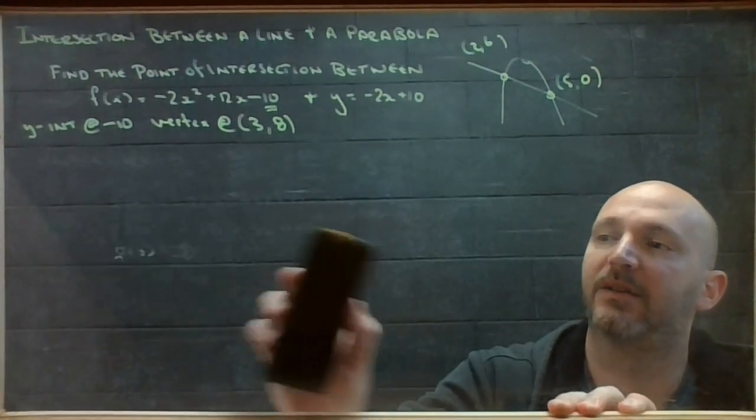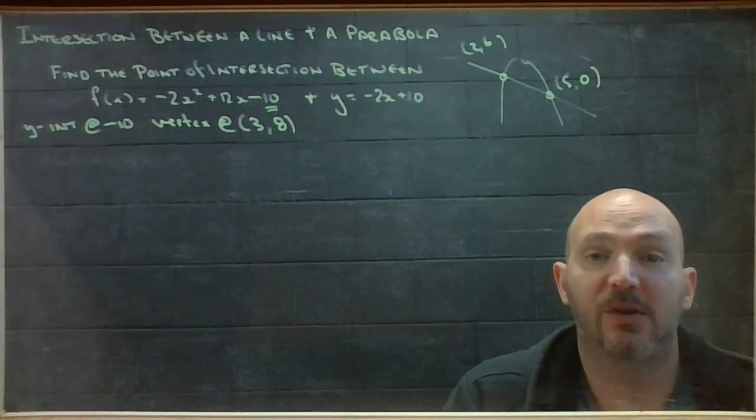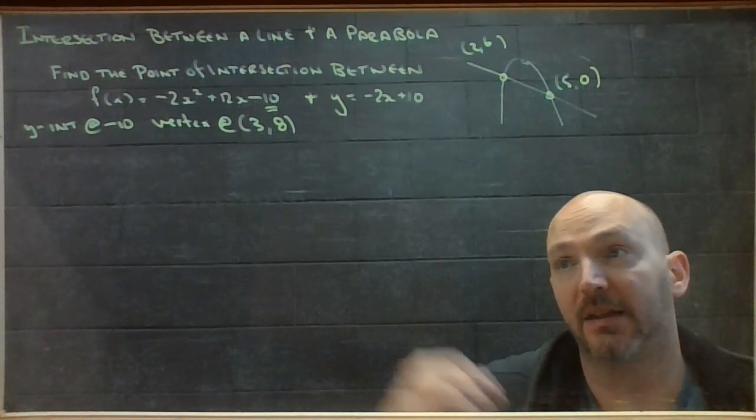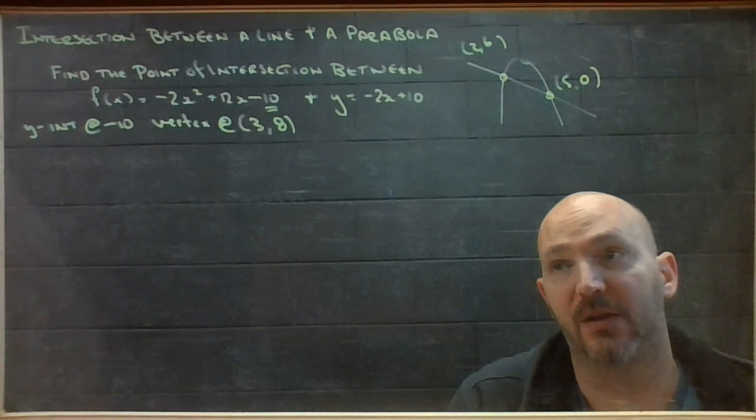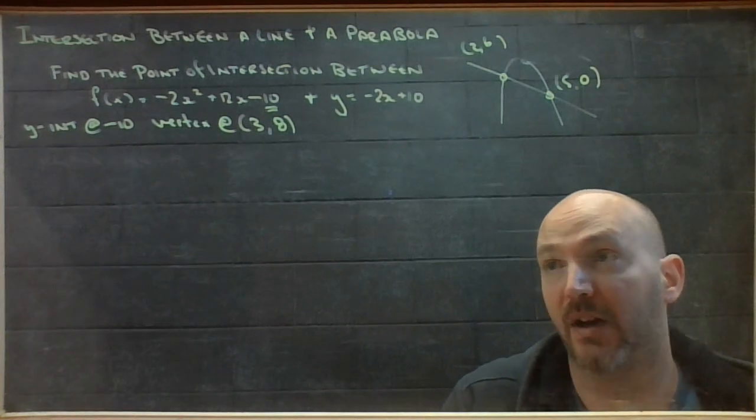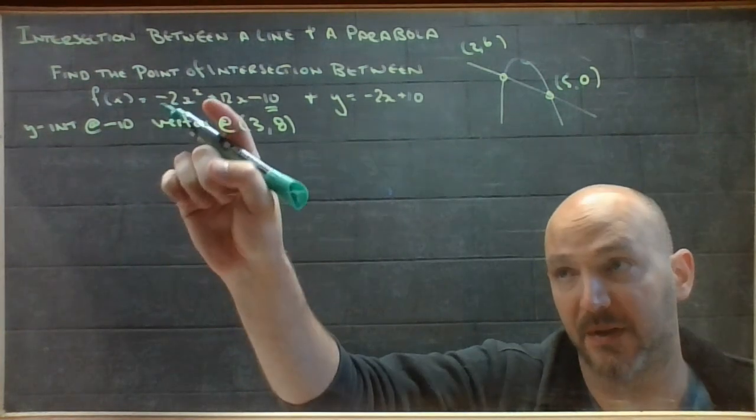I'm going to do my x-intercepts now. So I'm going to use the quadratic formula again, this time using just the equation of the parabola, because I'm finding the x-intercepts of just the parabola.